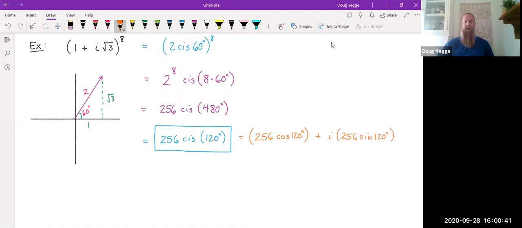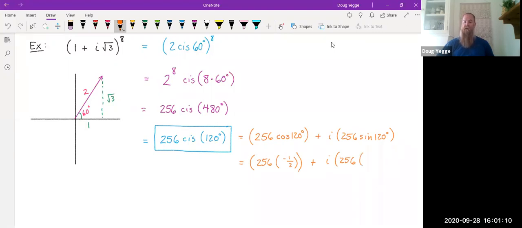Okay. Well, think about the fact that in the second quadrant, x will be negative and y would be positive. So cosine of 120 degrees is negative 1/2. So we're left with 256 times negative 1/2. And now for our i coordinate, again on our unit circle at the 120 degree angle, it's a steep angle in the second quadrant.